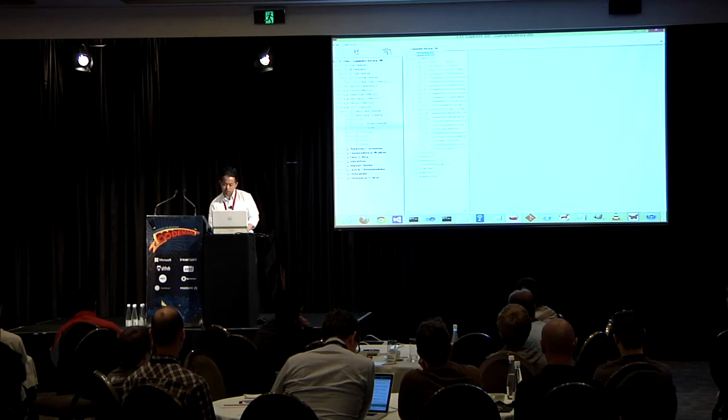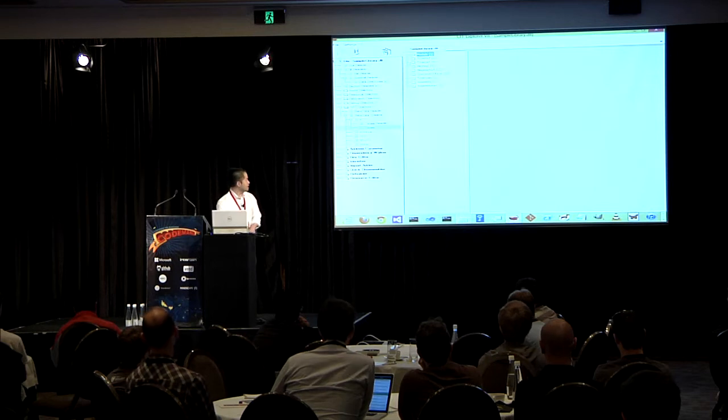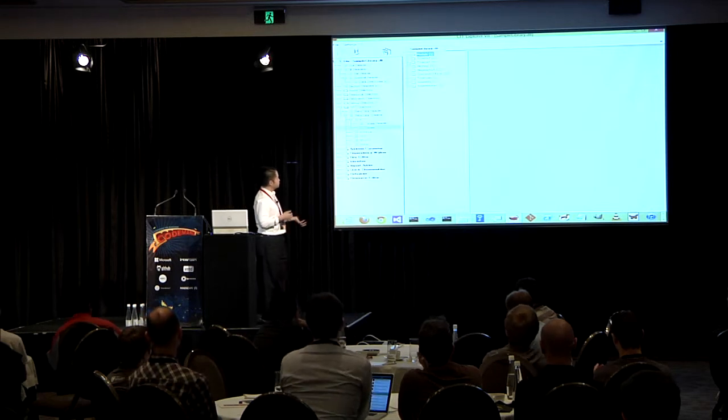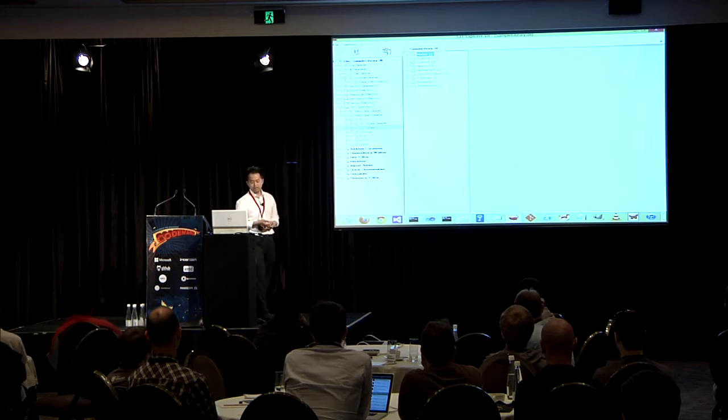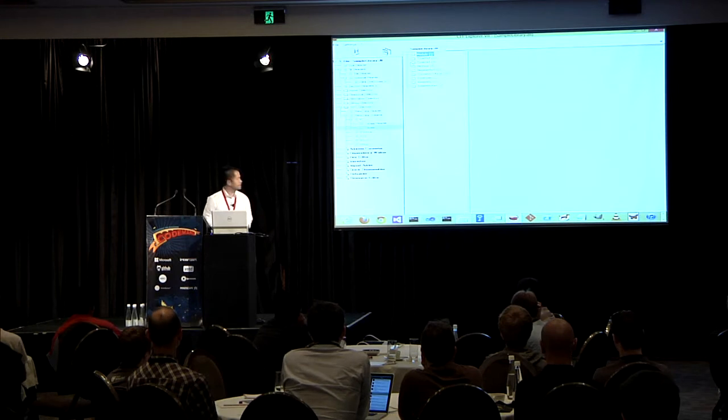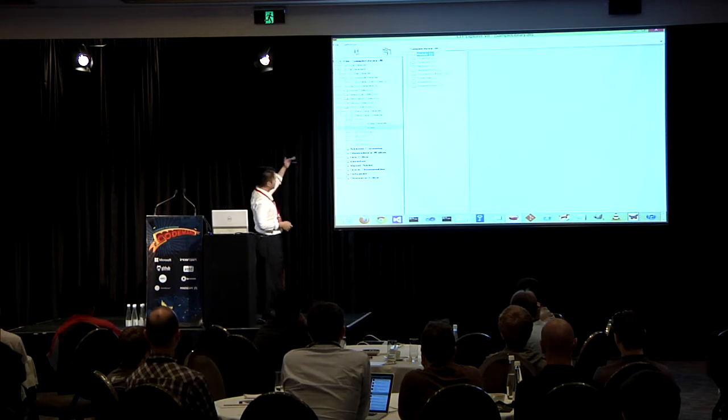For example, in these tables, you've got the module table, you've got the TypeDef, TypeRef, and if you look at this at first, it doesn't really make much sense because it's just a bunch of tables. But the interesting thing is that all these tables are actually being pointed to by the IL.